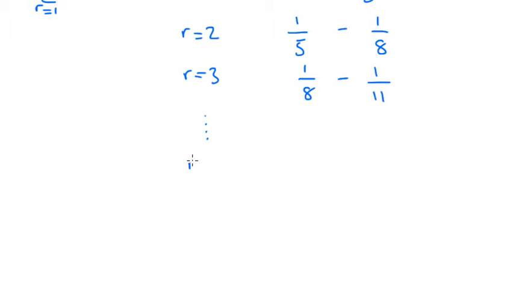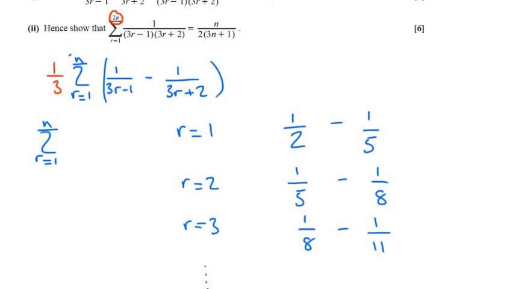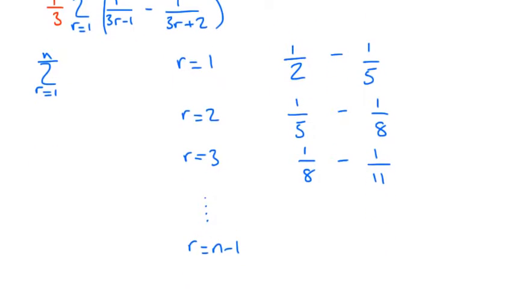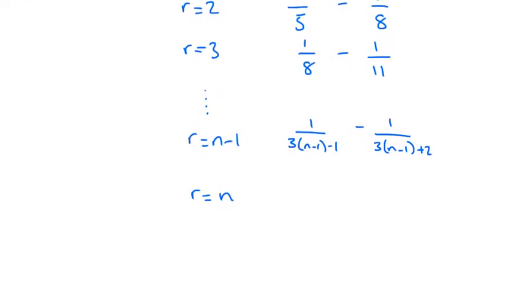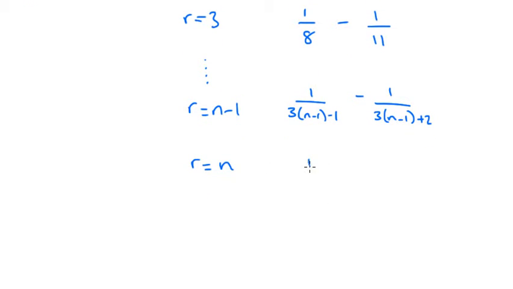If we look at what happens to the last couple of terms, so r equals n minus 1 and r equals n, for r equals n minus 1, we're going to have 1 over 3 lots of n minus 1, take 1, minus 1 over 3 n minus 1 plus 2, and for when r equals n, we're going to have 1 over 3n take 1 and 1 over 3n plus 2.